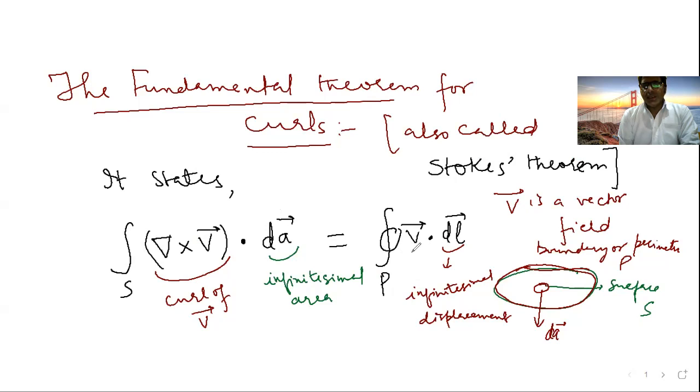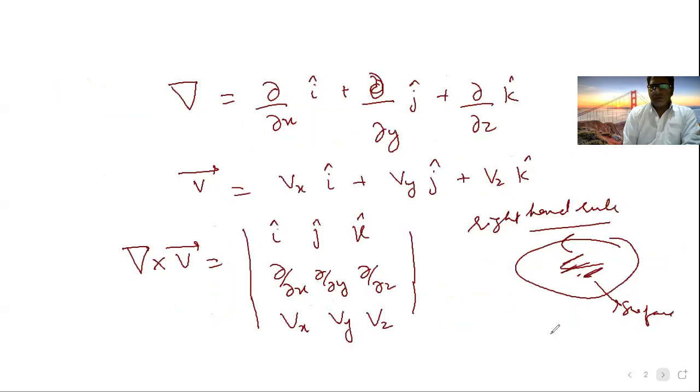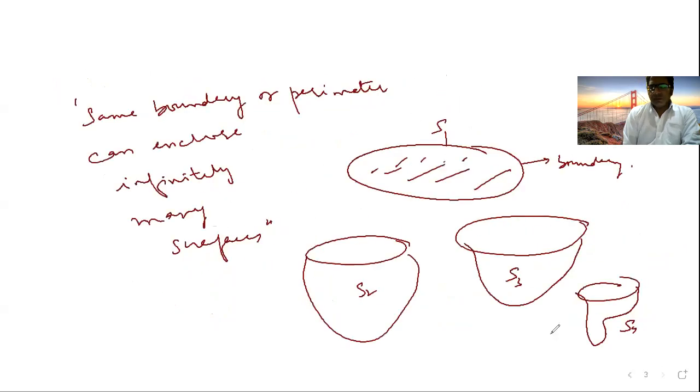The right hand side is not specifying which surface we have to take into consideration. That means for these surface integrals of curls, it is immaterial which surface to take in calculation because of this theorem. So we have a corollary to this theorem. We have two corollaries.